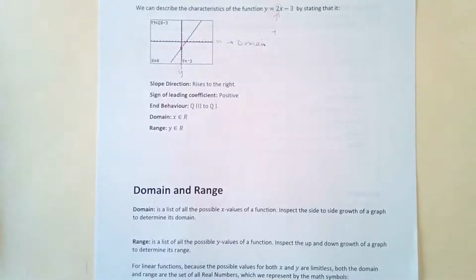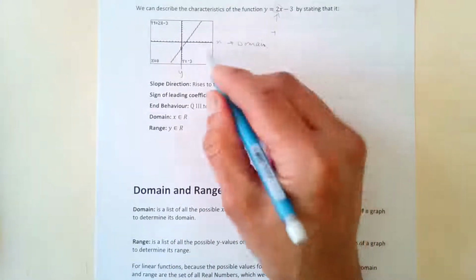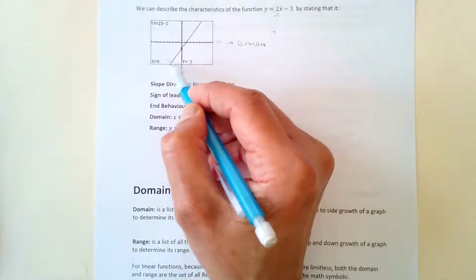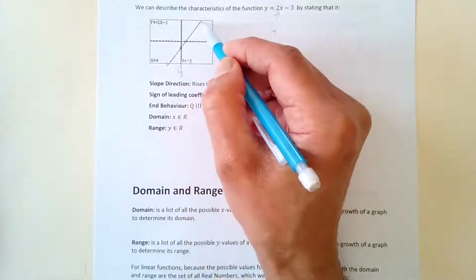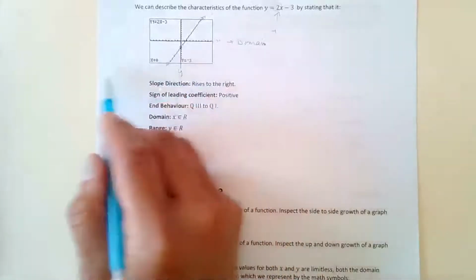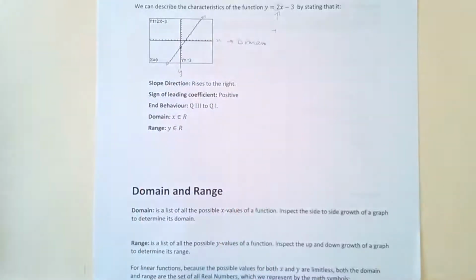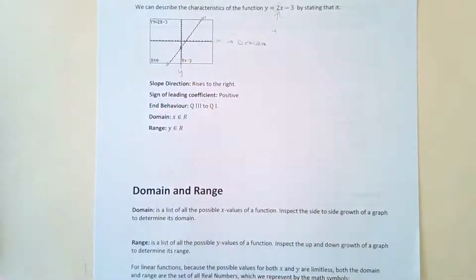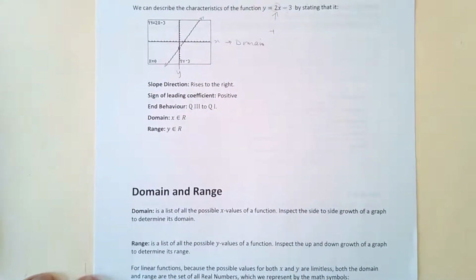So domain are all the possible x values. Because this graph is going to the left forever and to the right forever, we say that the domain here includes every single number you can think about. Rational, irrational number, you name it. There's an infinite amount of numbers.